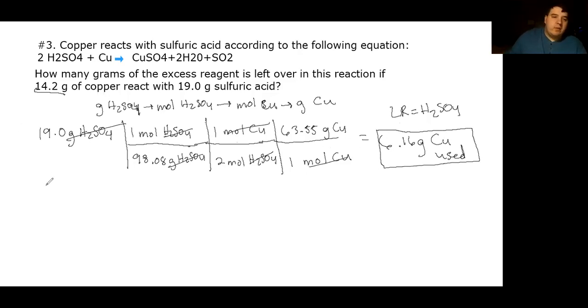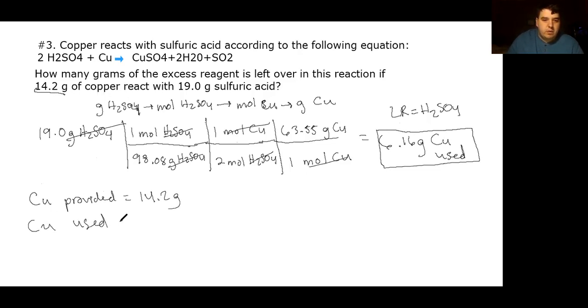So we say that we started with the copper that was started. Let me reiterate that. Let's call that copper provided. Copper provided was equal to 14.2 grams. Copper used was equal to 6.16 grams. So copper left over, I can just do the difference of these two.